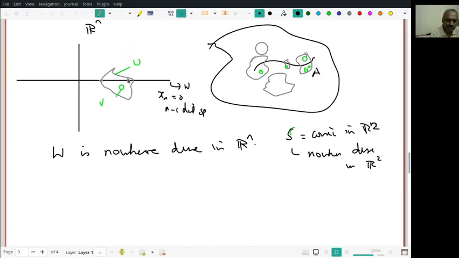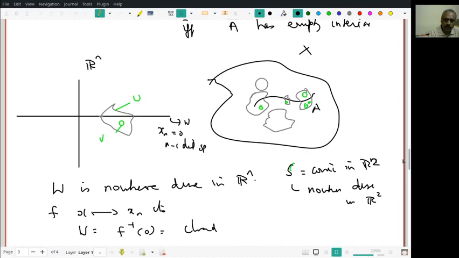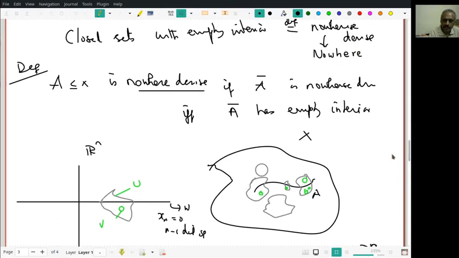Now why W is closed is easy. The map x going to x_n is a continuous map, and W is F inverse of 0, and a singleton is closed, therefore W is closed. Now remember, I want to prove it is nowhere dense.